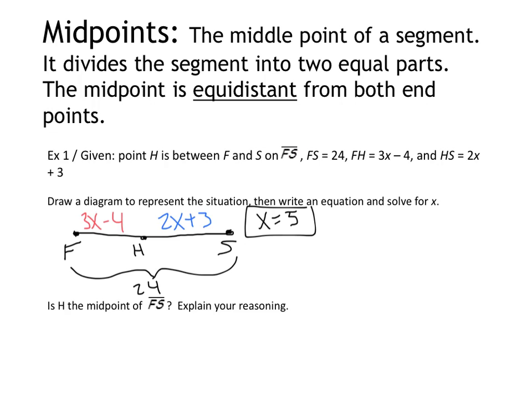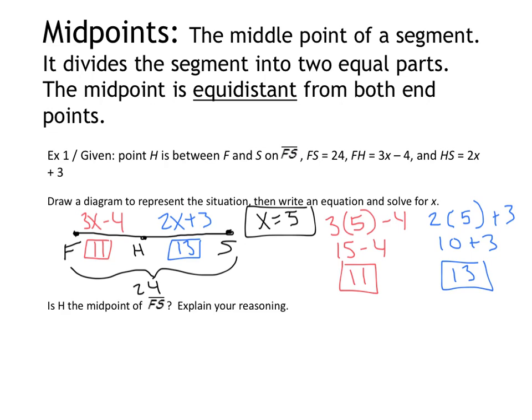To do so, we need to plug our x value into the expressions of FH and HS. After plugging in our x value into both expressions, we find out that FH has a linear measure of 11 and HS has a linear measure of 13.